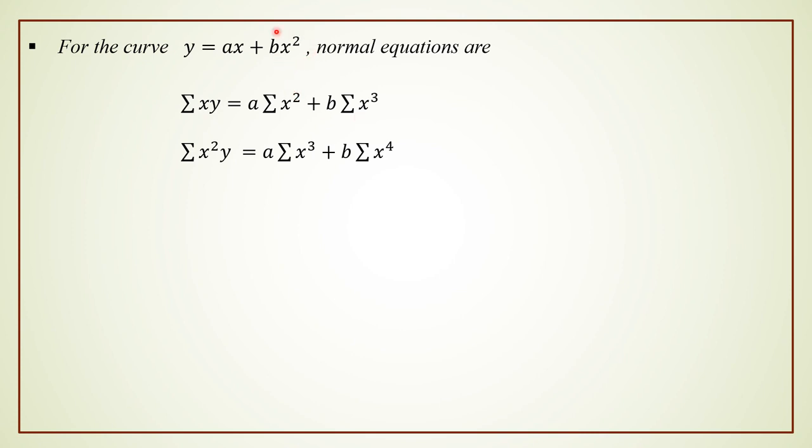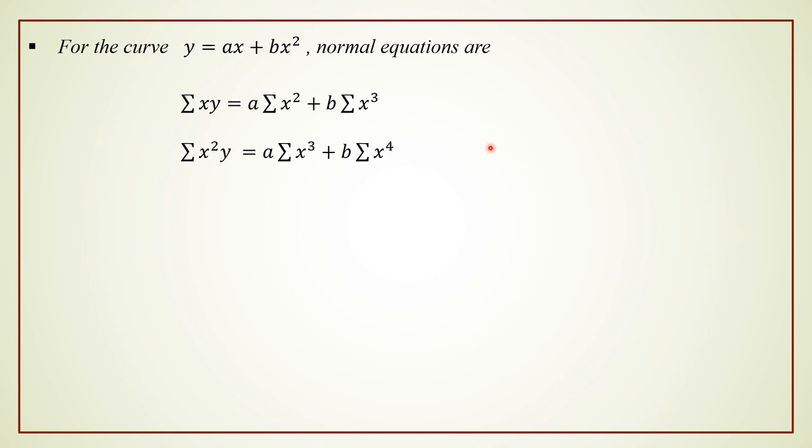Then you have the term x square here. Therefore, multiply x square throughout and then take the summation. So you have summation x square y is equal to a into summation x cube plus b into summation x to the power 4. Since there are only two unknowns a and b, hence two equations are enough over here.